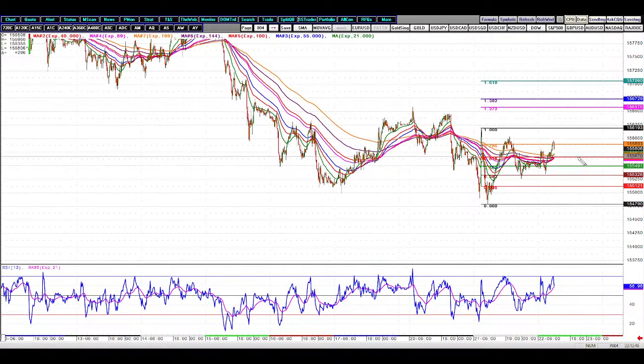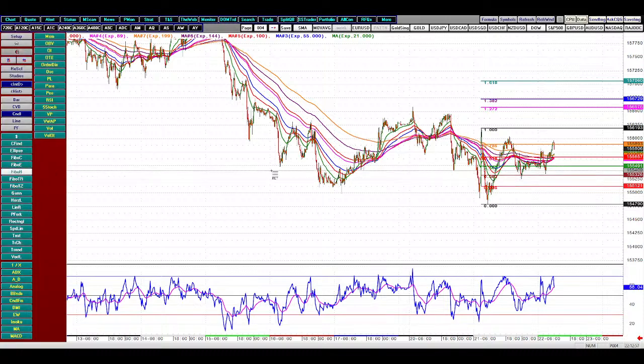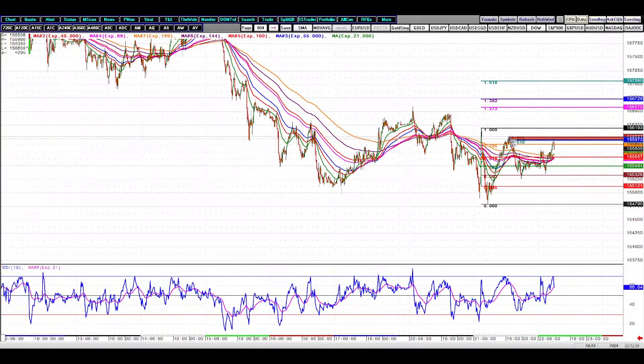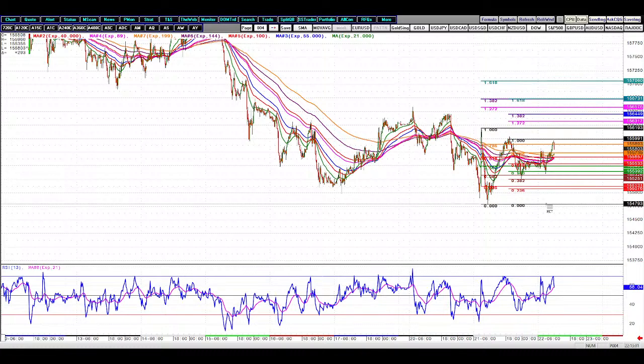So here, what we can do is go for a sell either at 15620 or 15650.